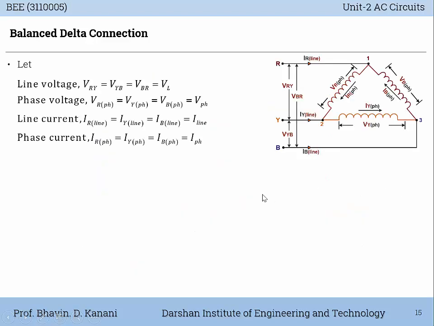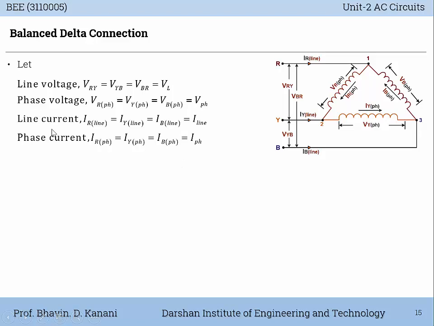Now let us try to understand mathematically again. Line voltage is equal to VRY, see from this diagram, is equal to VYB is equal to VBR. So all line voltages are the same because this is delta configuration in balanced condition. For phase voltages, VR phase is equal to VY phase is equal to VB phase. That means all 3 phase voltages will be the same.